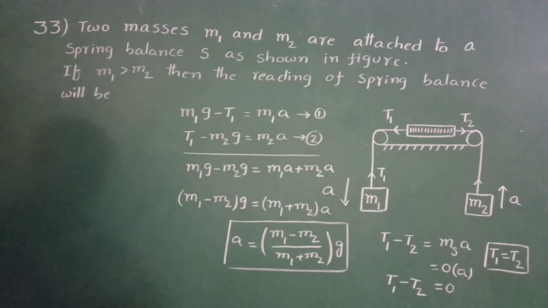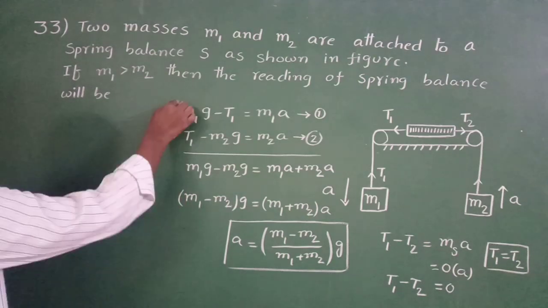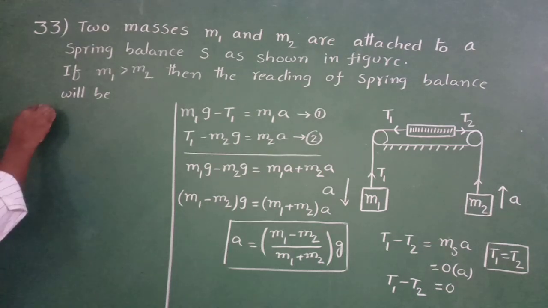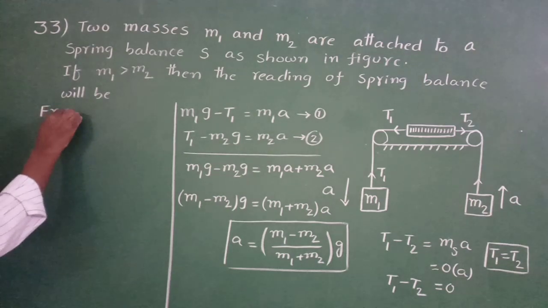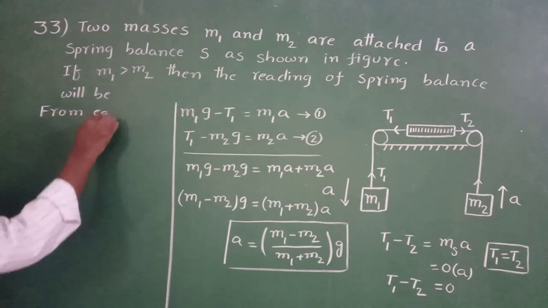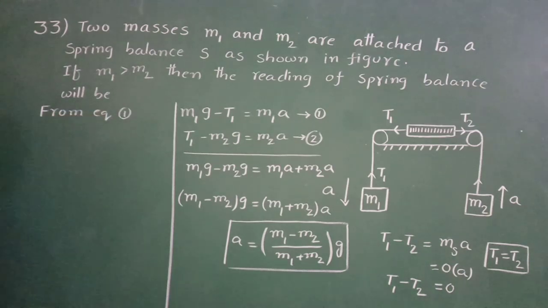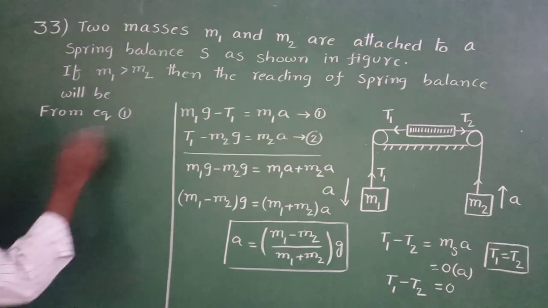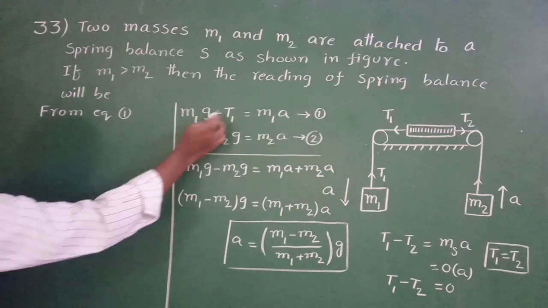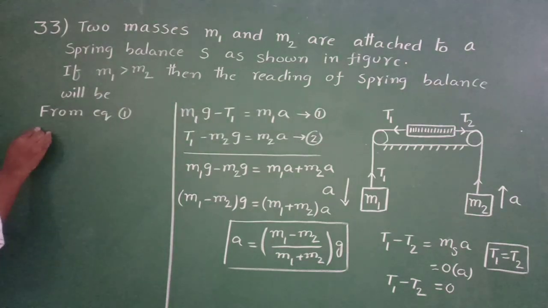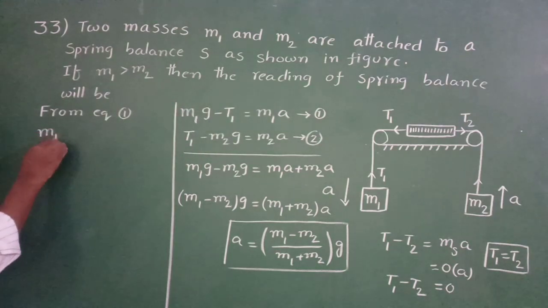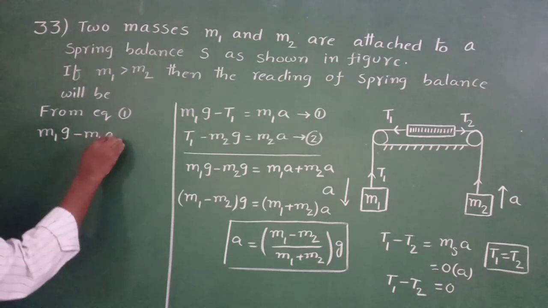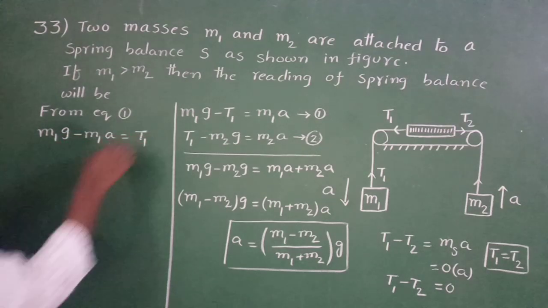So substitute the a value in equation 1, or you can take equation 2, no problem. You take T1 to this side, m1a to the other side, then you get m1g minus m1a is equal to T1.